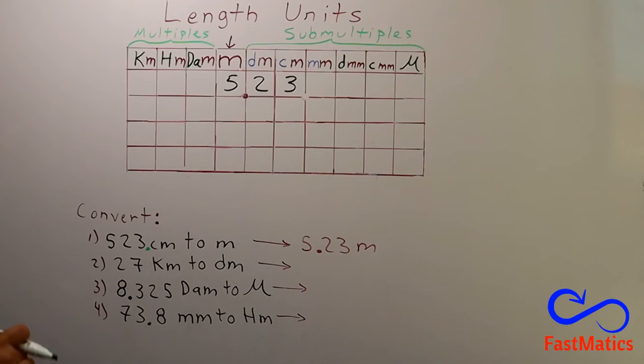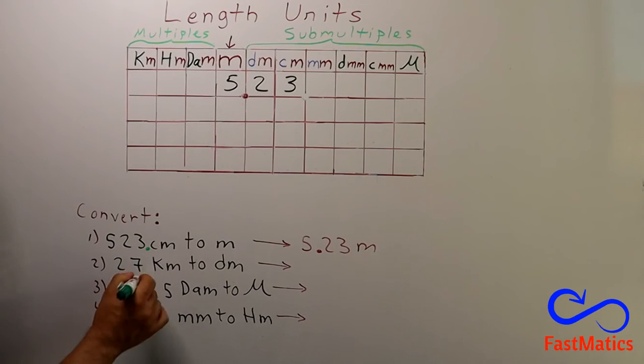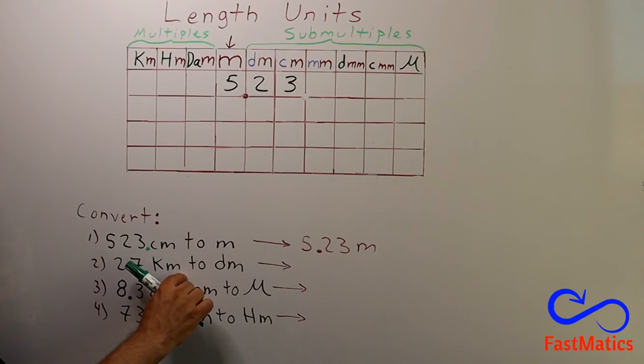After that, another exercise. If you want to convert 27 kilometers to decimeters. So, if you don't see the decimal point, you write it at the end of the number. But here it is written kilometers.